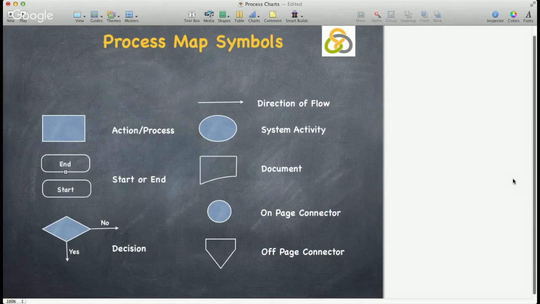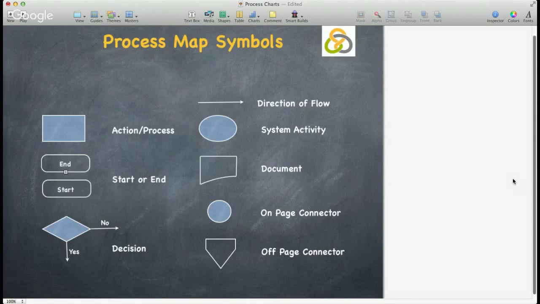Either that's a yes or a no, but there's a flow with that. And the direction of the flow is indicated by the arrow. There may well be a system or activity, and that will be depicted by the oblong. If there's a document involved, then this is the symbol that you would use for the document.